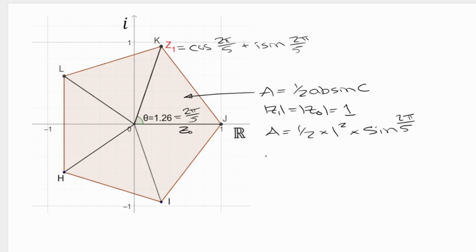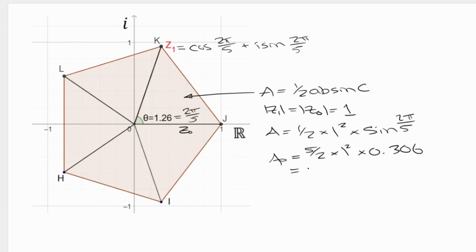So in fact the area of all the triangles, the polygon area, we'll call A subscript P, area of the polygon, is equal to 5 lots of that. So it's 5 over 2 multiplied by 1 squared times sin 2π upon 5. Now sin 2π upon 5 is not an exact value, but we can write it down to 3 significant figures, 0.951.